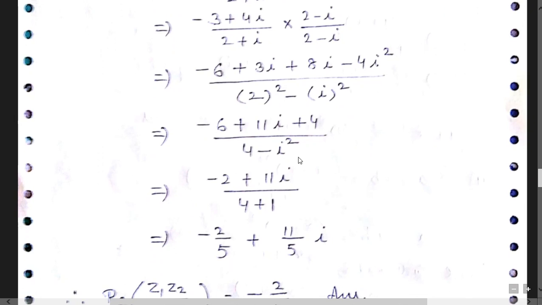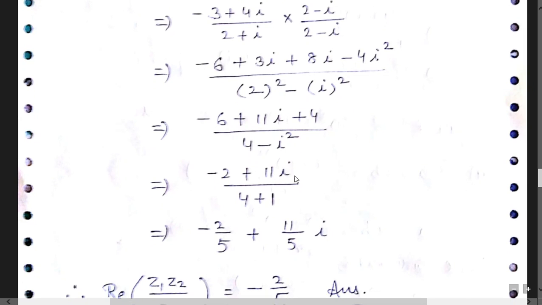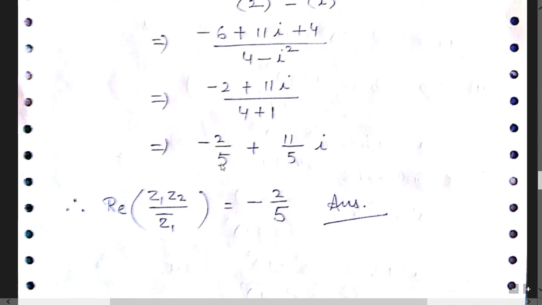It means you can write 4 plus 1 in the denominator, and in the numerator after calculation you will get minus 2 plus 11 iota. Now split the terms, you will get minus 2 over 5 plus 11 over 5 into iota. It means the real term is minus 2 over 5. If you have to find the imaginary term, the answer is 11 over 5.